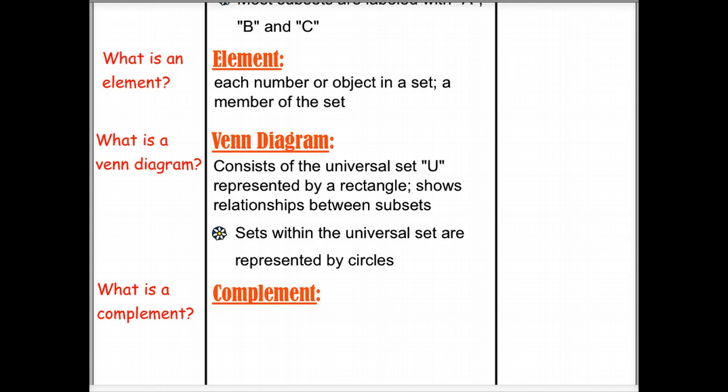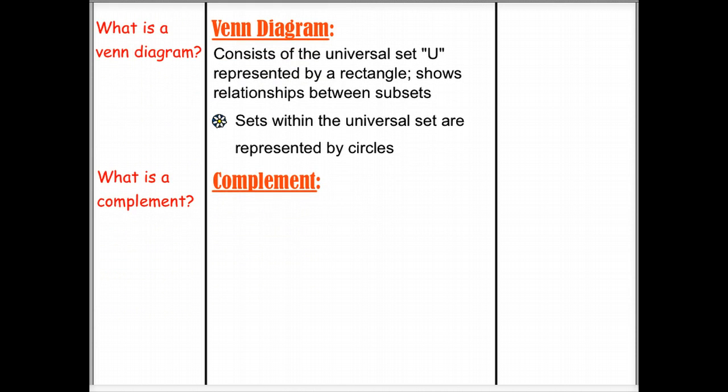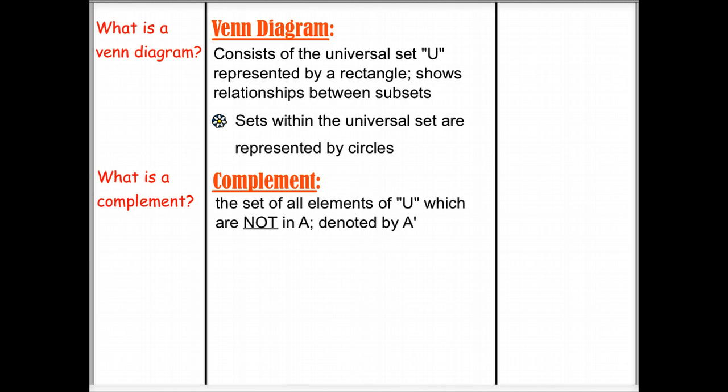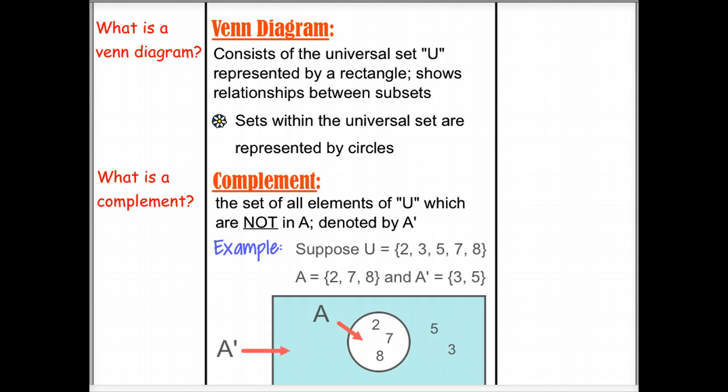Now, if we have an element or a set, the complement to that is going to be the set of all elements of U which are not in A or B, noted by A with an apostrophe. So, for example, suppose that U is 2, 3, 5, 7, and 8, and A is 2, 7, and 8.